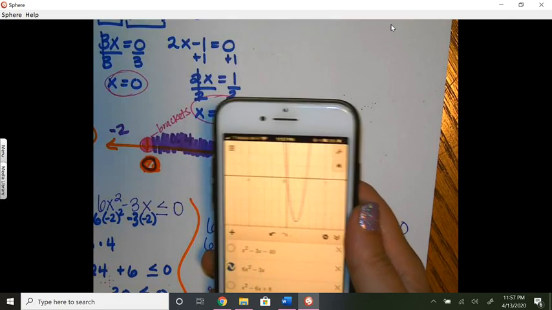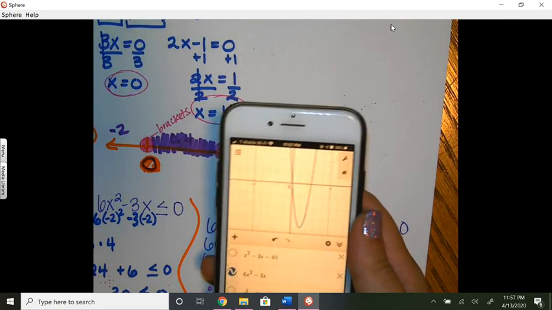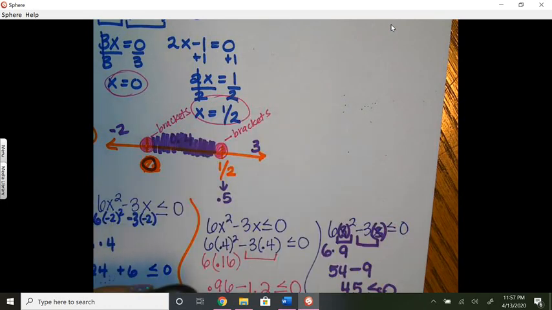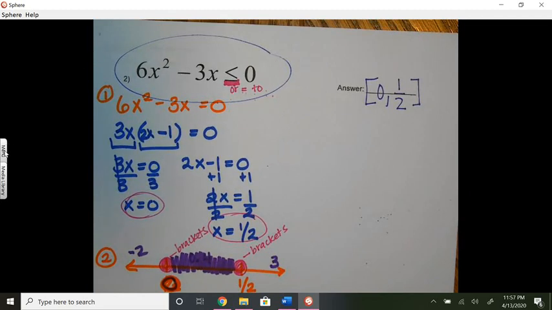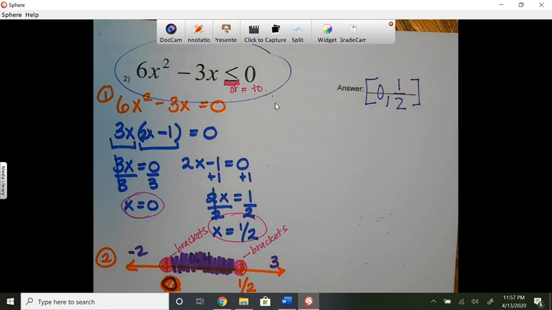That's what we just found. And that's how to see it graphically if you were allowed to use a graphing calculator. So if you wanted to check this further, you could pick any number between 0, including 0.5, and it will always make this problem a true statement.